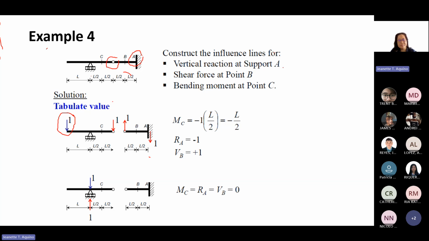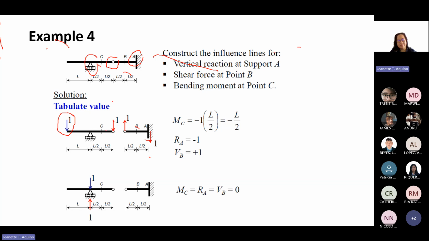Because you have a roller here, and a pin here and then a fixed support.